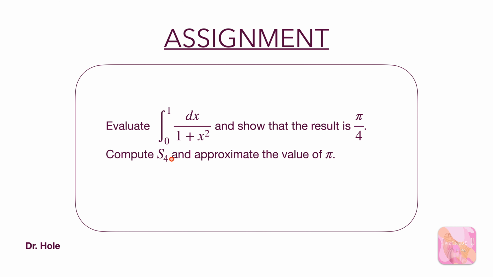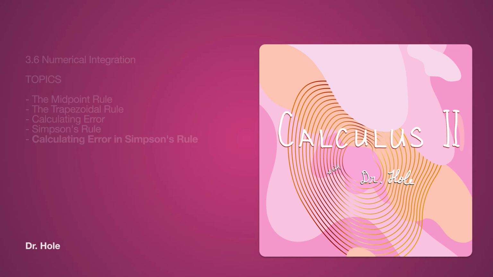Thus, s sub 4, if you multiply it by 4, can be used to come up with an approximation of pi, which is something very, very nice. Excellent.